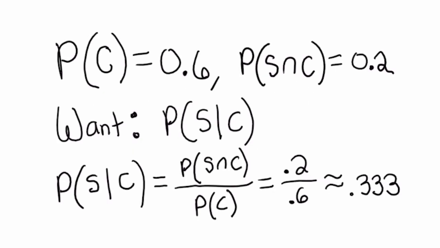So let's look at this formula here and apply it to our problem. That is equal to the probability of small fry intersect chocolate frosty divided by the probability of getting a chocolate frosty, or 0.2 over 0.6, which is 1/3 or approximately 0.333.